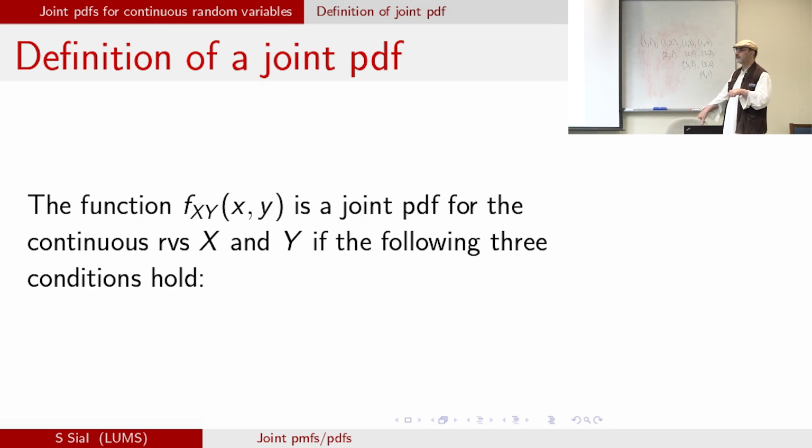The double integral over the entire xy plane of the joint probability density should equal 1. And the integral over a region in the xy plane should give you the probability that the ordered pair xy lies in that region. How will you do double integrals? We'll spend some time talking about double integrals.